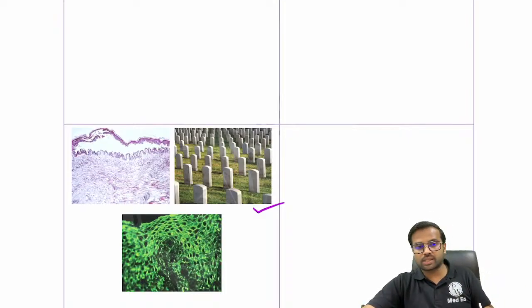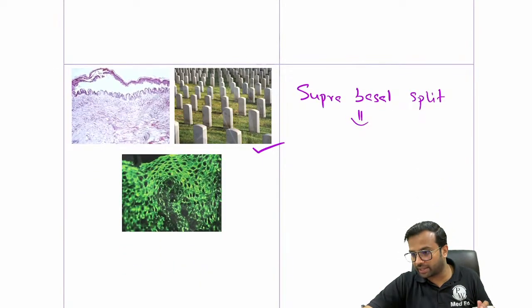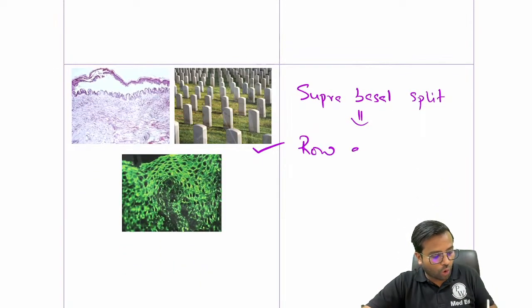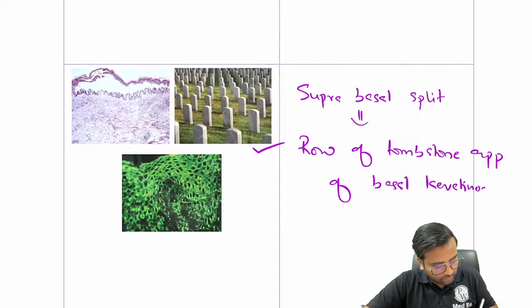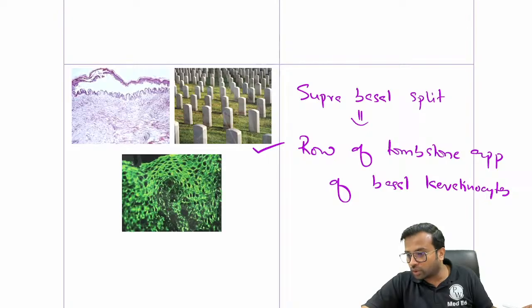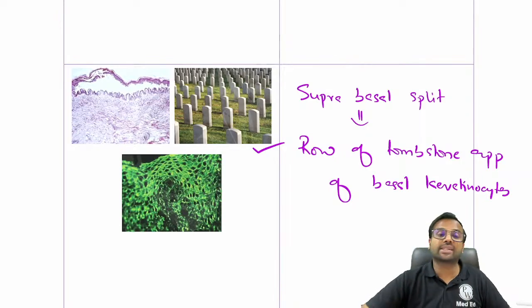Yes, because here you have a suprabasal split, and because of the suprabasal split, there is a row of tombstone appearance of the basal keratinocytes. Very good. So who has answered it? Pratiksha, Musaddiq, Harsh, Zoya, Mahesh, Sagufta, all of you have answered it. Excellent. So that is the right answer here.